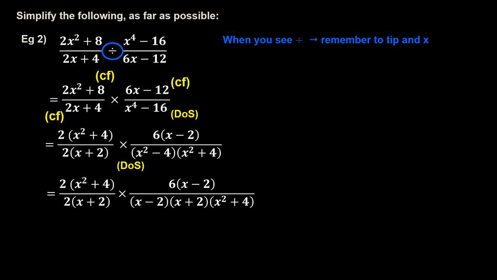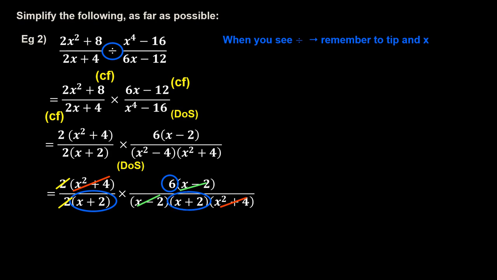And now that everything is factorized as far as possible, we can cancel certain things. So we can cancel x squared plus 4 on the top and the bottom. We can cancel x minus 2 on the top and the bottom. And we can cancel the 2's. We are left with a 6 on the top. In the bottom, we're left with x plus 2 and another x plus 2.